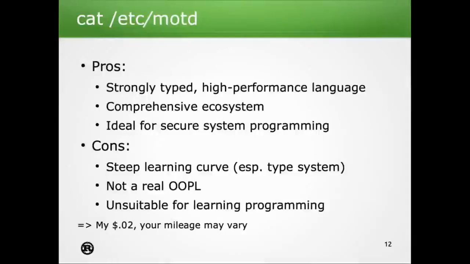Conclusions, almost. The good sides: a strongly typed, high-performance language, that should be clear by now, and a comprehensive ecosystem, we already talked about this, and that was the overall purpose of Rust when it was invented. Ideal for secure systems programming, because yes, we are looking more or less at a low-level language comparable to C, maybe even C++, and this is where the ecosystem comes into play.